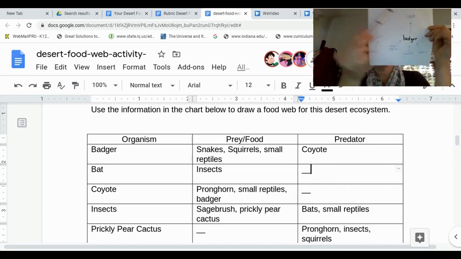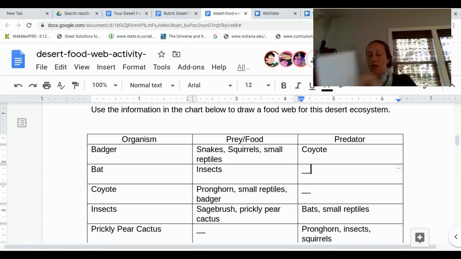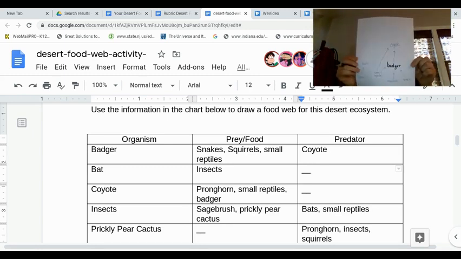All right, so I have the coyote up here. Hopefully you can see that. The coyote eats badgers, pronghorns, and small reptiles. So I already have the word small reptile here, and I already have badger here. So badger's already done. Now I just have to draw an arrow from small reptiles to coyote. So I'm going to do that. Okay, so see how I do that?